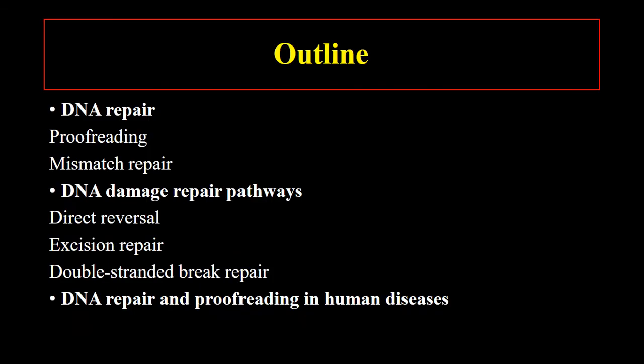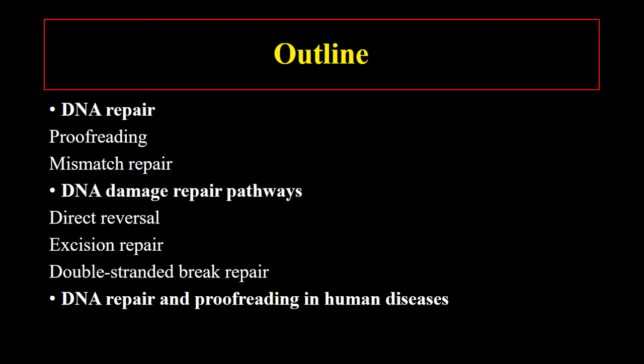So, our questions for the lecture today. The first question is DNA repair, and we will talk about two types of DNA repair, which are called proofreading and mismatch repair. After that, we will talk about DNA damage repair pathways, such as direct reversal, excision repair, and double-stranded break repair.